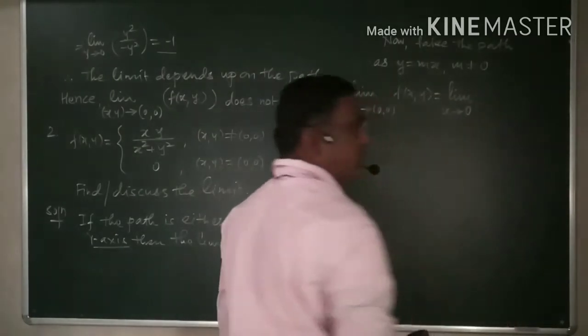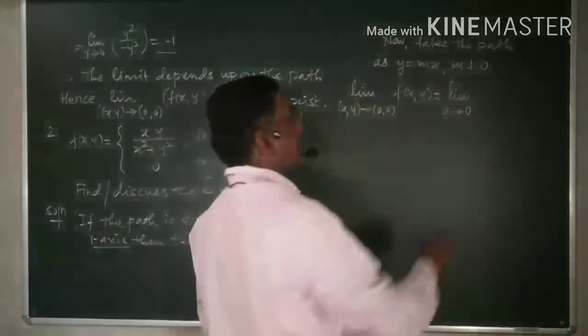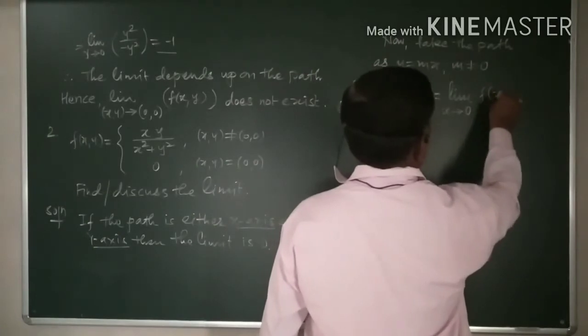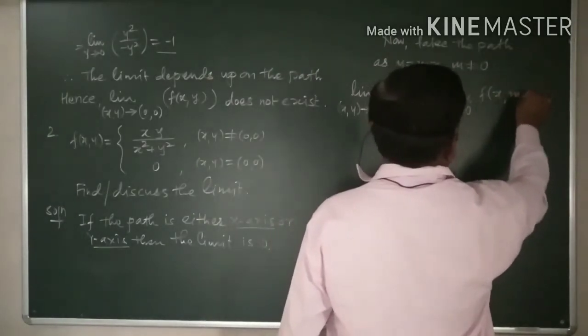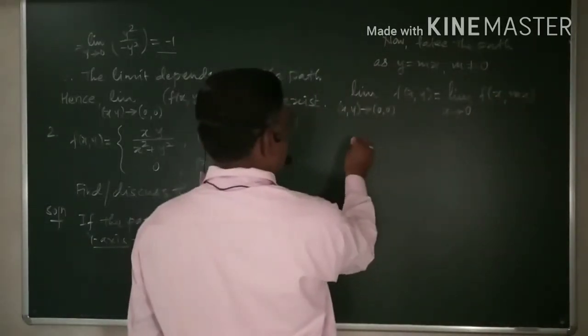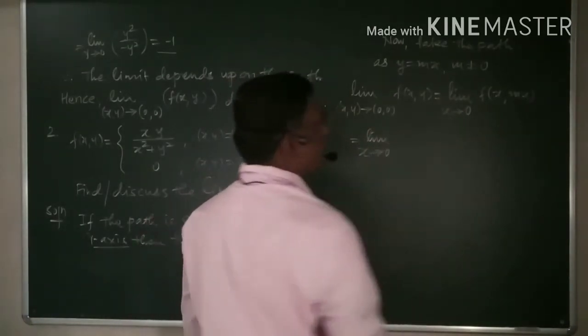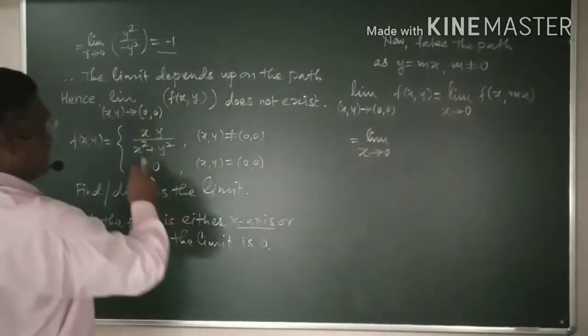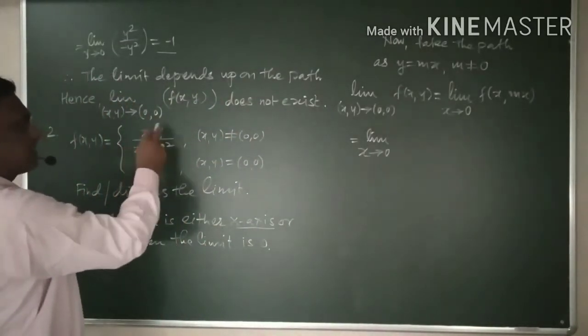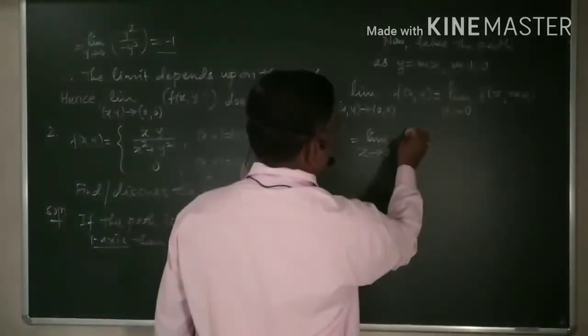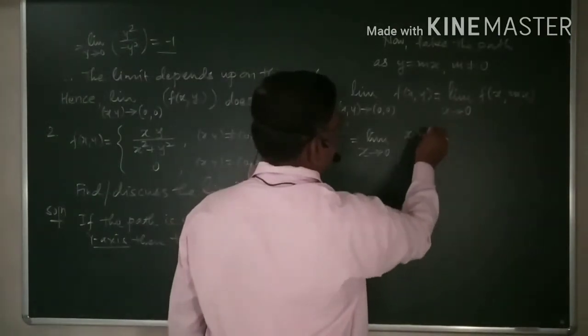It becomes a function of only one variable x, f of x and mx. This is further equal to the limit as x tends to 0. Now, what is the function? x into y.